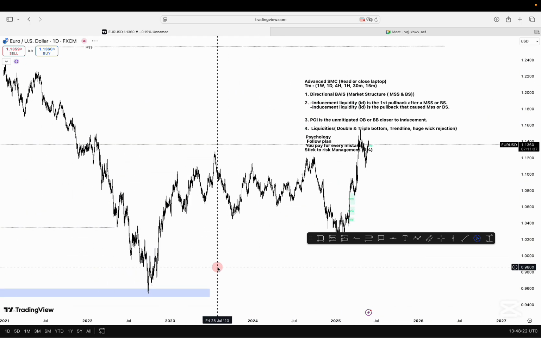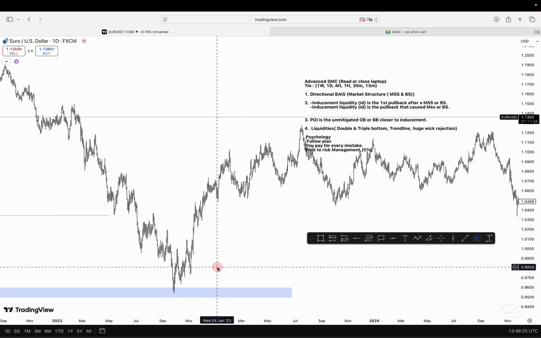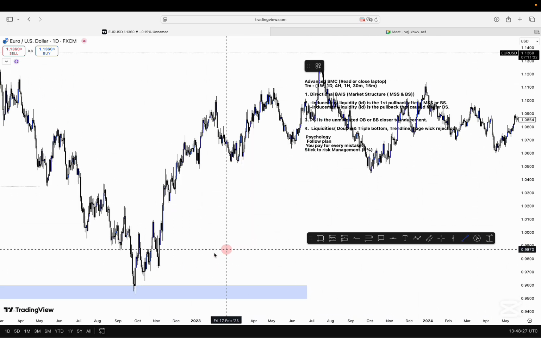So from here, now we are coming to deal with the internal structure.